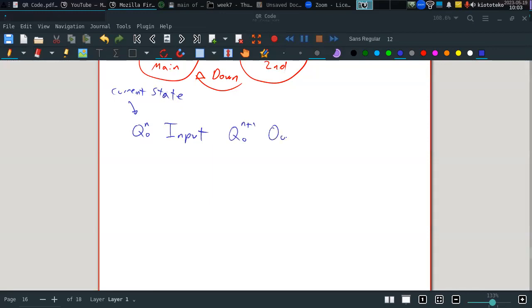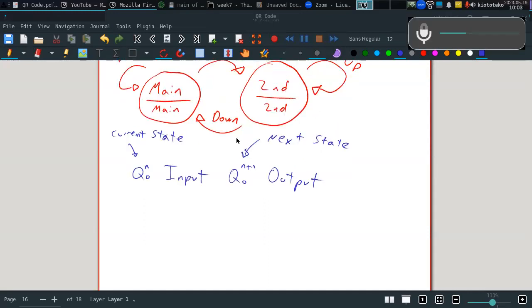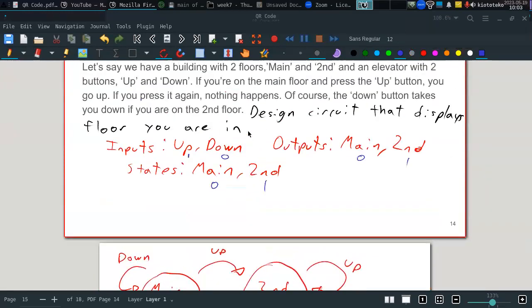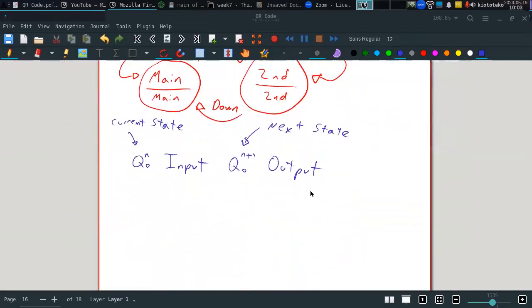And then we have our output. As you can see, the state is only 1 bit in length because we can represent this information with a single bit. Although another way of representing it would be with one hot encoding, so we would need 2 bits to represent this. But it's more compact if you use binary representation.